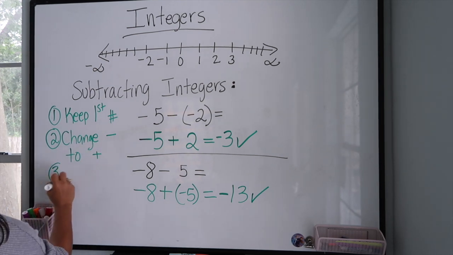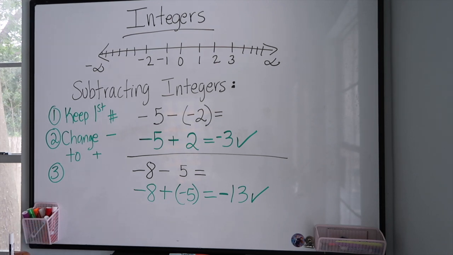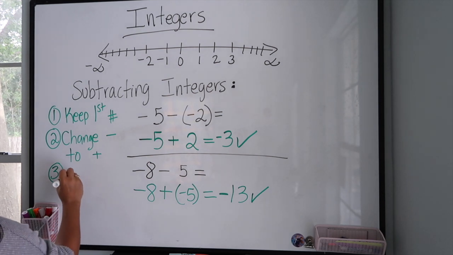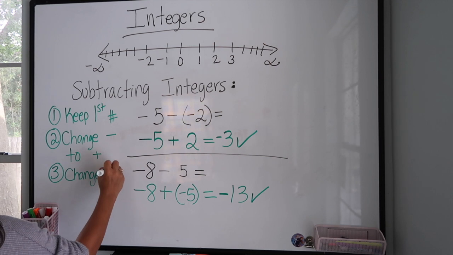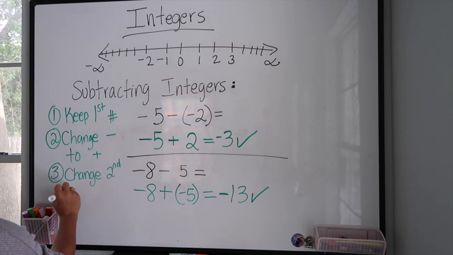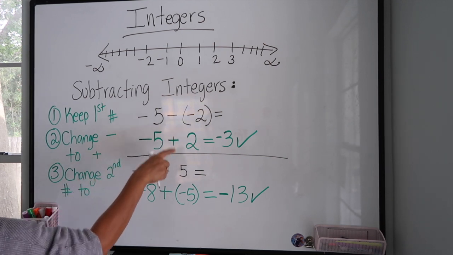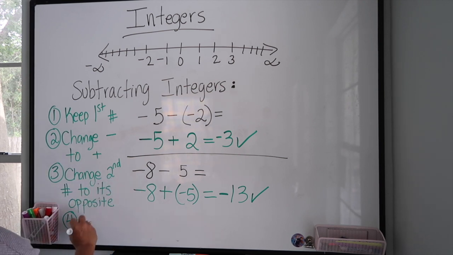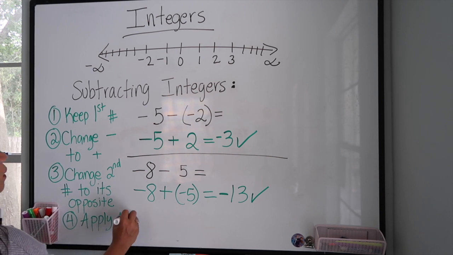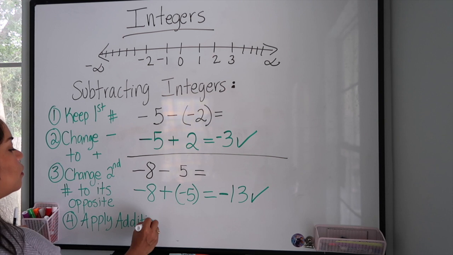The third step is you're gonna change your second number to its opposite. And step 4 is just apply the addition rules.